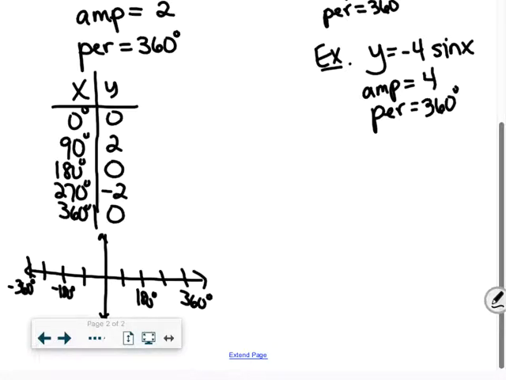I do want to mention, as you're getting your grid drawn, the period length is not always 360. For what we're doing right now, it is, and I will show you in a little bit how it changes. Now, my y values have changed. I go 0, 0, then it went up to 2, 0, and then back to -2 and 0.